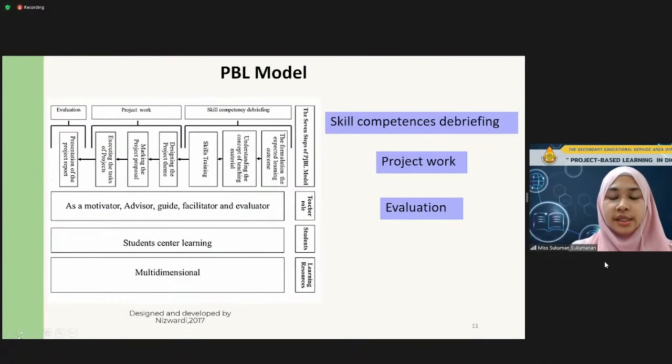We have seven minor steps, and at each of the seven minor steps we evaluate the students with formative assessment. Finally, we give the students a summative assessment at the last presentation of the project.